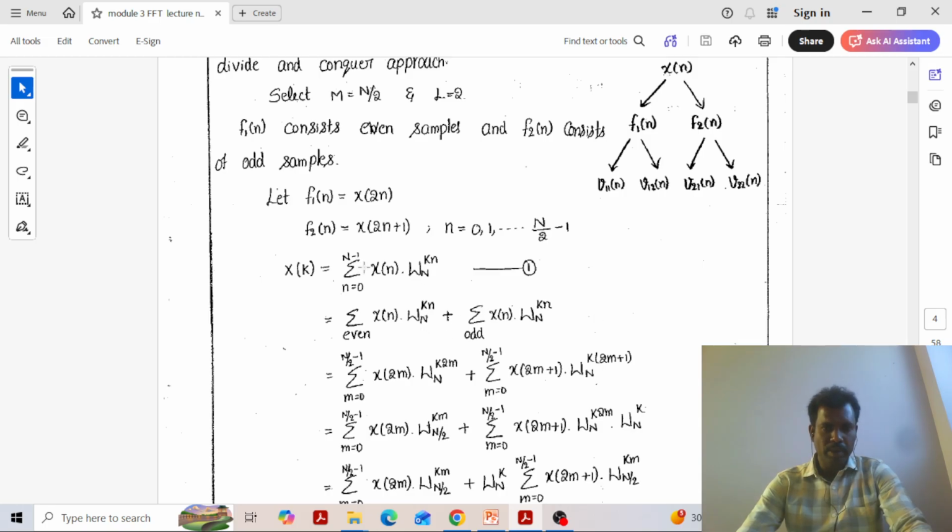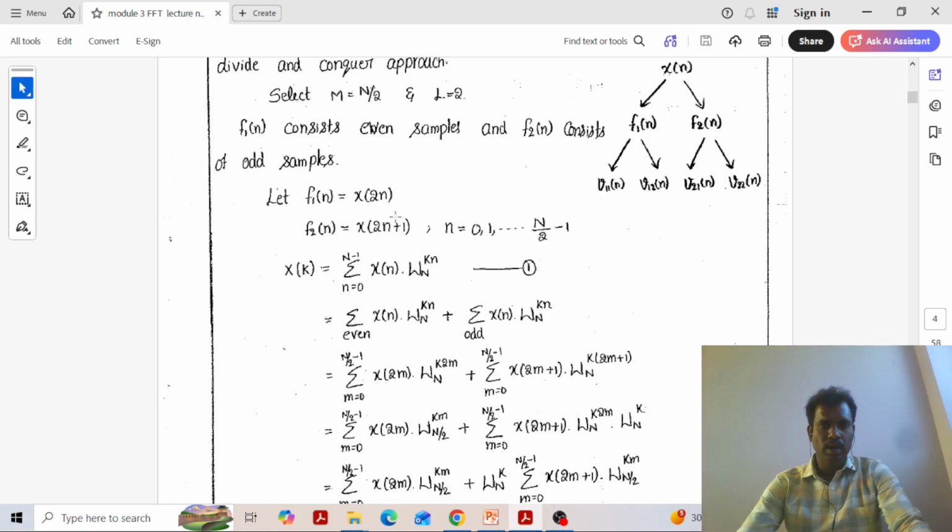The formula for the N-point DFT is the sum from 0 to N minus 1 of x of n W_N power kn. As we are converting x of n into even and odd index samples, it is split into two parts. Even means x of 2m.